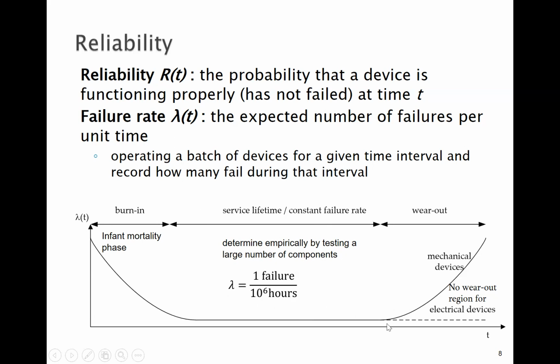Now, after the service lifetime, we see that there are 2 curves here. One is for mechanical devices, where the failure rate increases again, just like in the burn-in phase, while it's still constant for electrical devices.